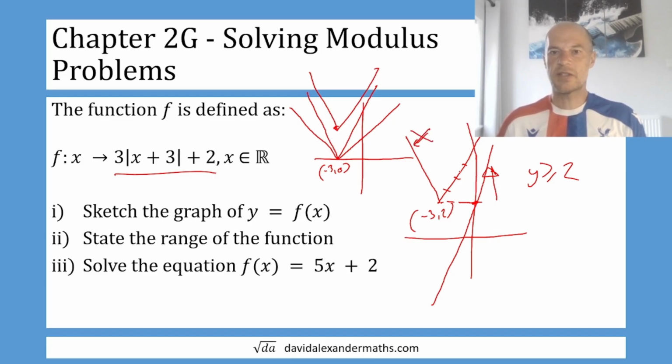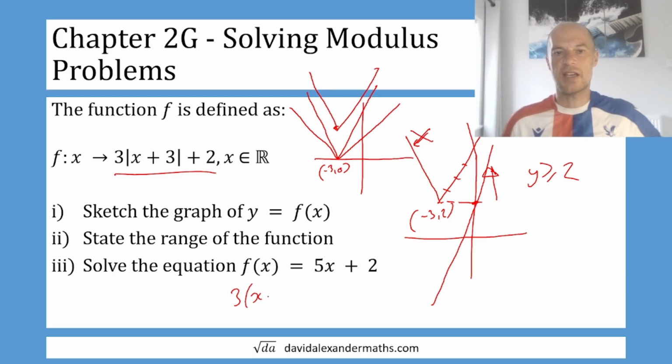Now the equation of this part of the line, well, it was the x plus 3 multiplied by 3 plus 2. So the equation of this line is simply 3 lots of x plus 3 plus 2. So that's what we're going to set our 5x plus 2 to.